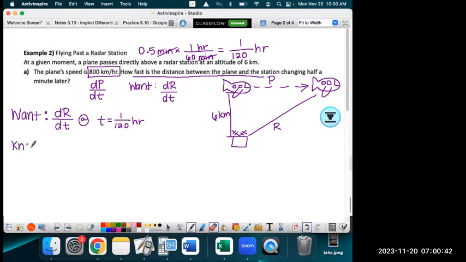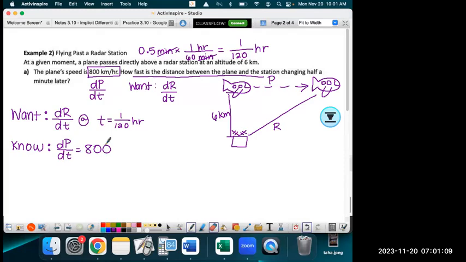And we know that the plane's speed is 800 kilometers per hour. If you ever see that the labels for your distances or your times are different, you will need to do some sort of conversion. Make sure that they are all the same.